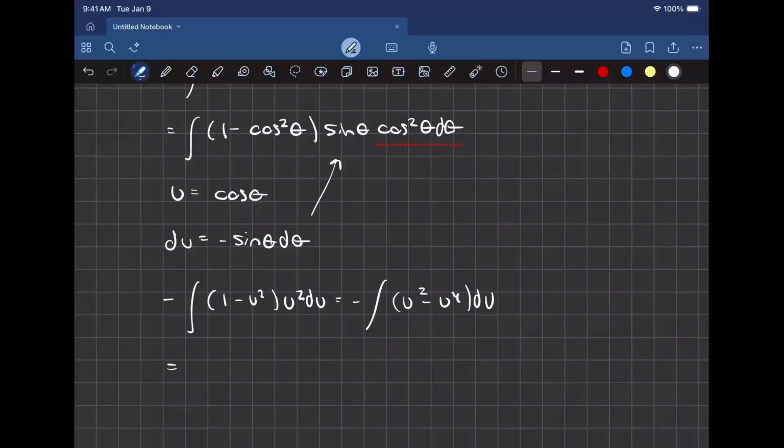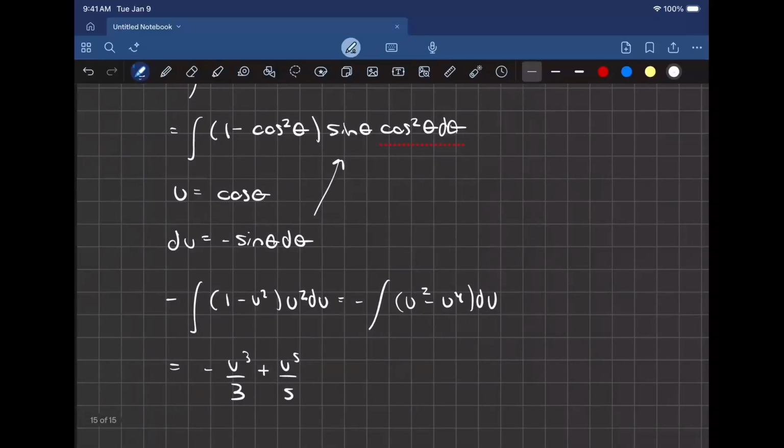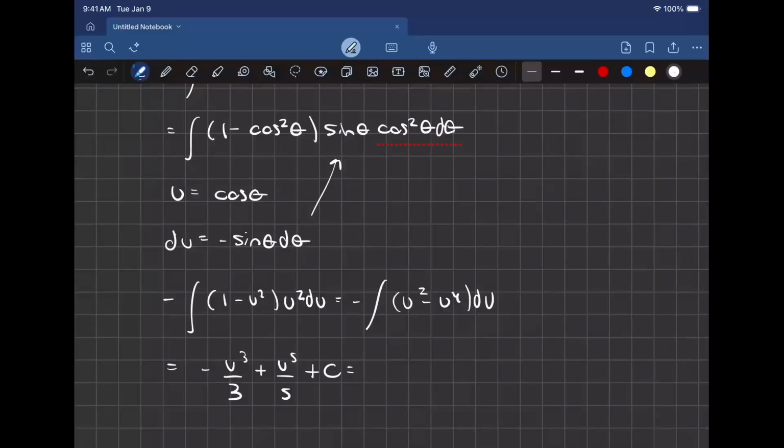So this is just negative u cubed over 3, and then plus u to the 5th over 5. And I distributed this negative, if you couldn't tell. Plus c, this is really equal to negative cosine cubed theta over 3 plus cosine to the 5th theta over 5 plus c.